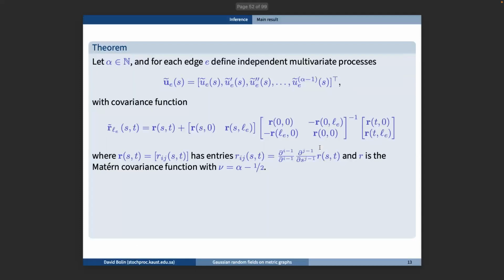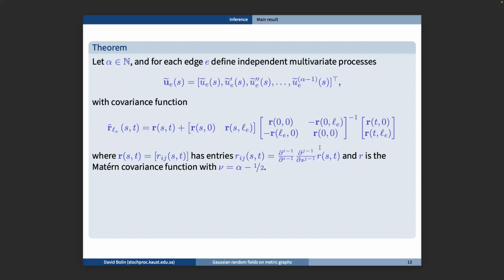And the solution is a bit involved, but essentially what we do is that for every edge, you can take your standard Matern field, so a Gaussian process with a Matern covariance, and you consider the multivariate version of that, where you look at the Gaussian process and all of its derivatives. That process has a covariance function, this boldface R, and then we do not actually consider that process, but a correction of that.